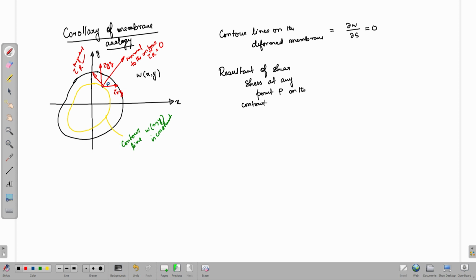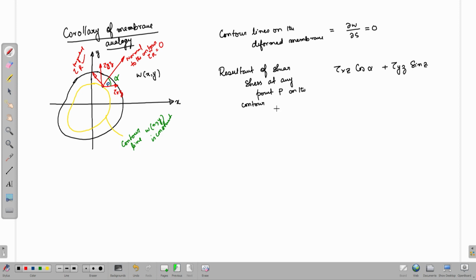Now, if this angle is alpha, the angle between the normal to the contour and the x axis, then the resultant of the shear stress is tau x z into cos alpha plus tau y z into sin alpha.